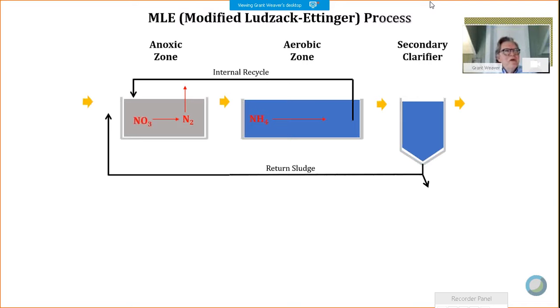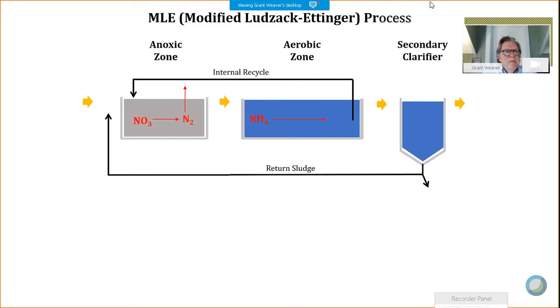The bacteria will breathe that free oxygen and will not remove the nitrates. If the pumping rate is too low, you'll have pretty much no nitrates leaving the anoxic tank, but if you'd pumped more back there, you could have removed more from the wastewater stream, so the effluent will have a higher number. It's a little bit of a dance in an MLE to figure out what the optimal internal recycle rate is.